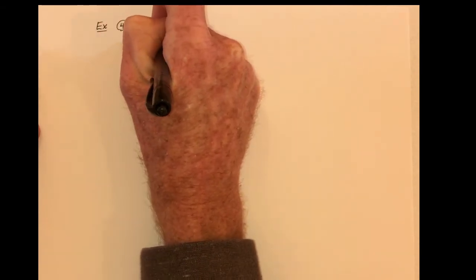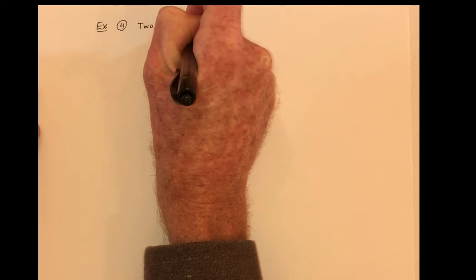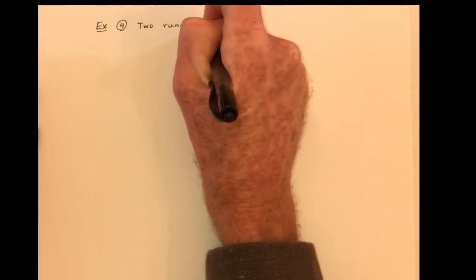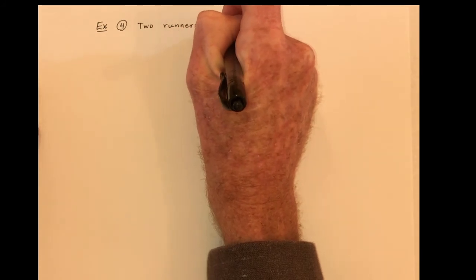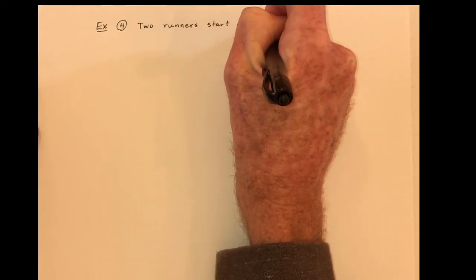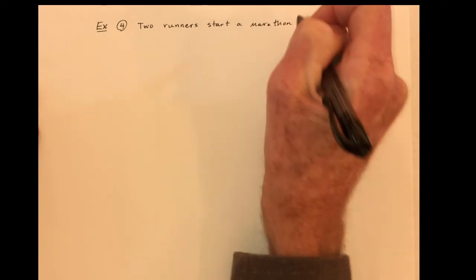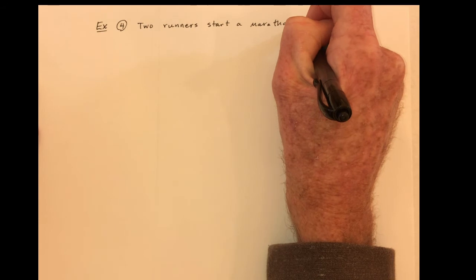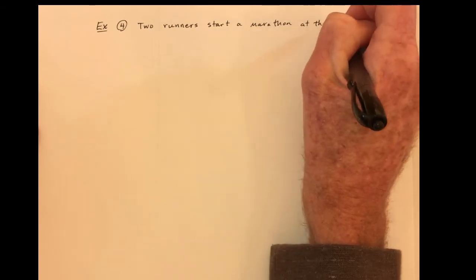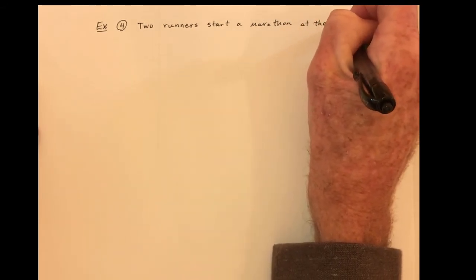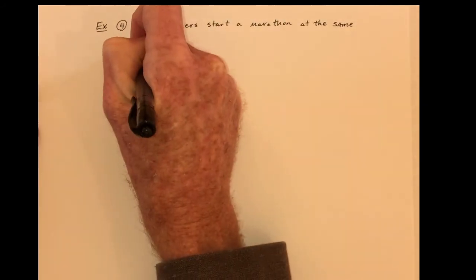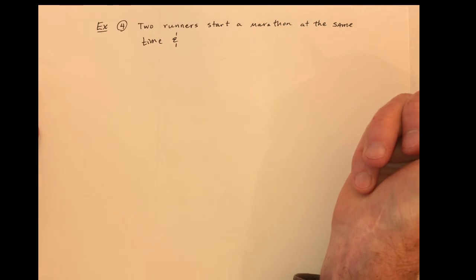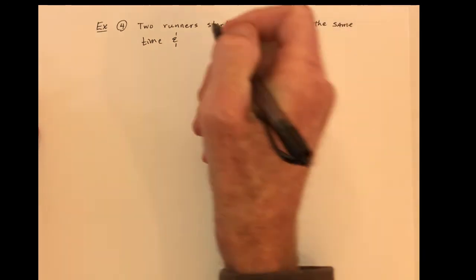So there's these two runners, and they're going to run a marathon. And because it's a race, they start at the same time. And by coincidence, they finish in a tie, so they finish at the same time.